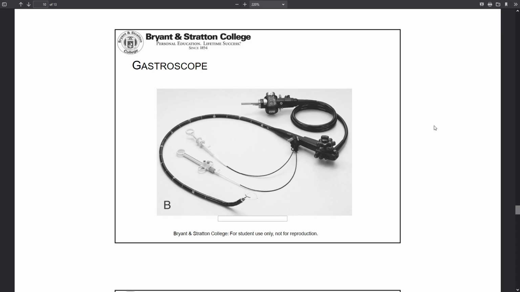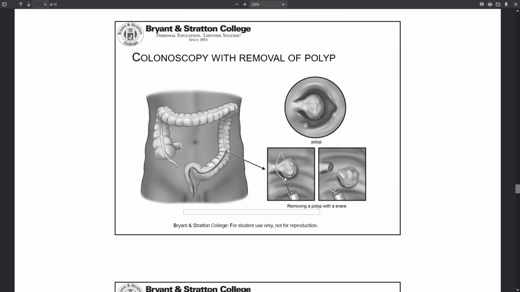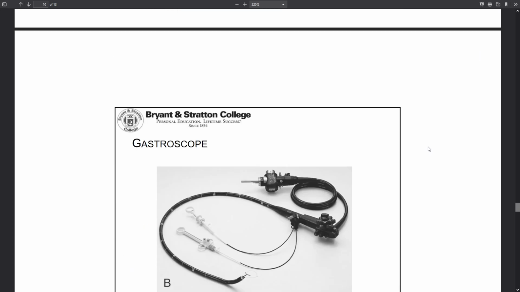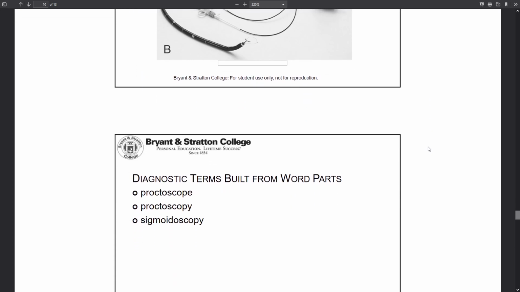They're relatively simple, especially because it's pretty much just a camera. On the end, you have the same tool as in the colonoscopy, where you can essentially grab things and pull them out.